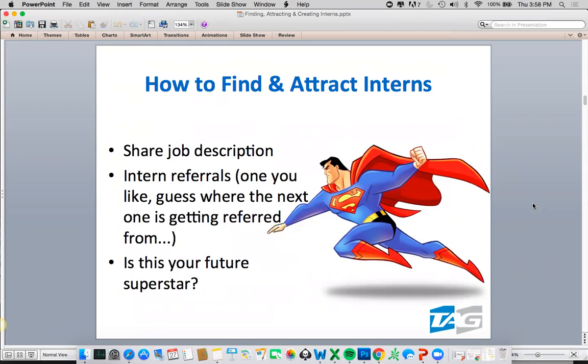Another thing that I want to bring up is it's super important to make sure that when we go into this idea of hiring interns, we don't want to leave it in that paradigm where we're just thinking, this is going to be someone that we're going to bring on to do a bunch of clerical or administrative work. But we want to start thinking, and one of the reasons our intern program has been so successful is because we start off thinking, okay, how can we take this person and mold them into one of our future superstars? Ryan Mulvaney, he started off at TAG, then shifted into VoiceSmart, started doing sales.